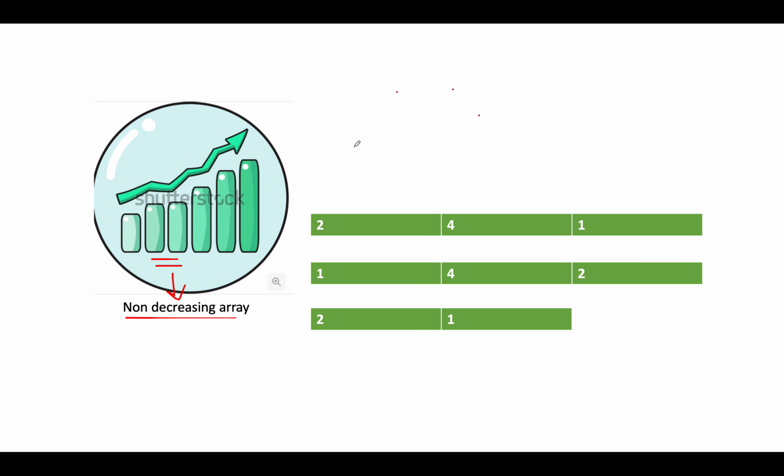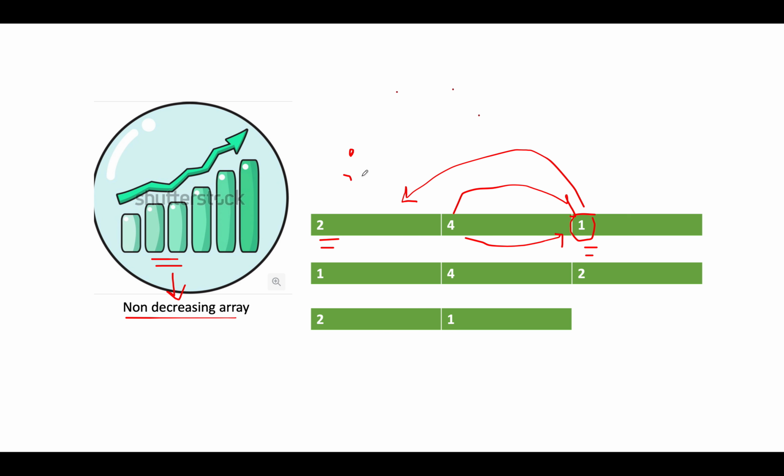So every time we want to make a decision, you need to first identify a downhill trend. In this case we have 2, 4 and 1. There is a downhill trend from 4 till 1, and then you have to compare the value at the ith index with that of I minus 2. If the value at I minus 2 index is greater than the value at ith index, that means you need to increase the value of ith index up till the value of I minus 1 index. So let's understand this case.